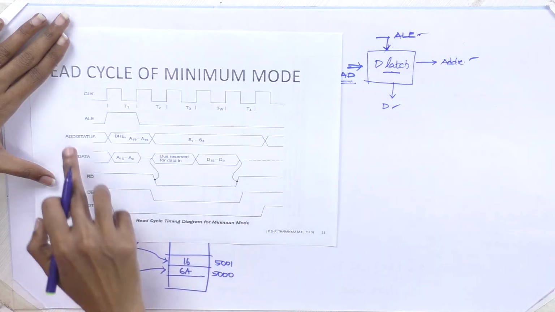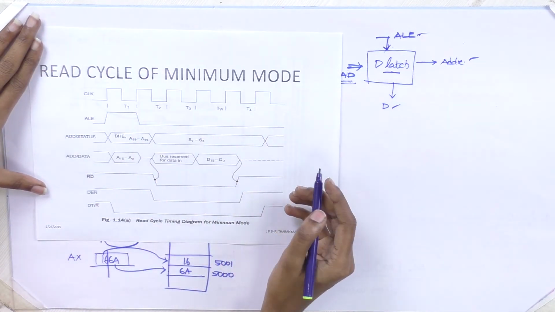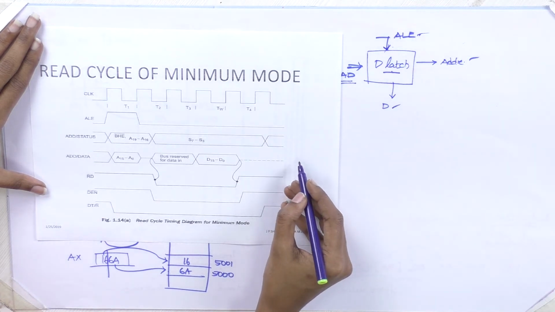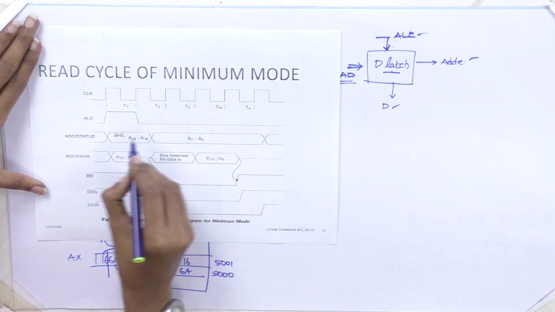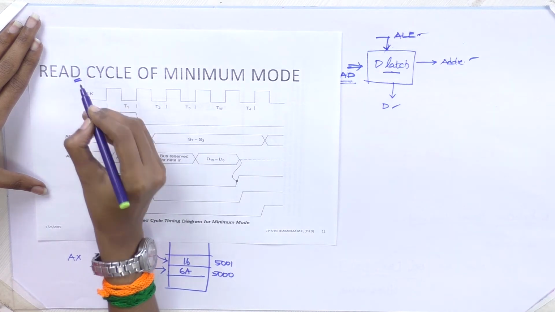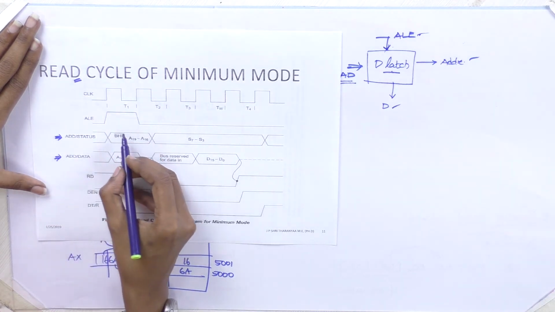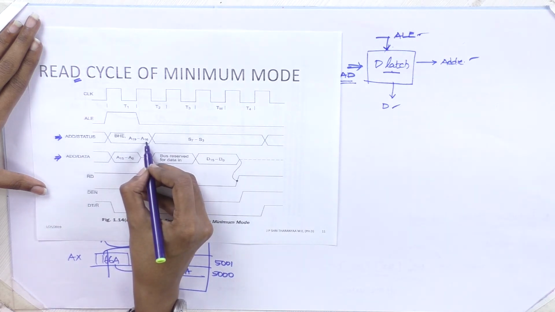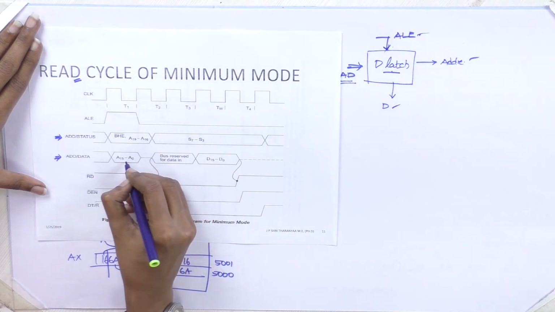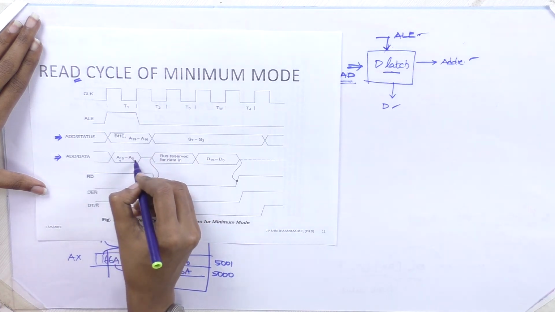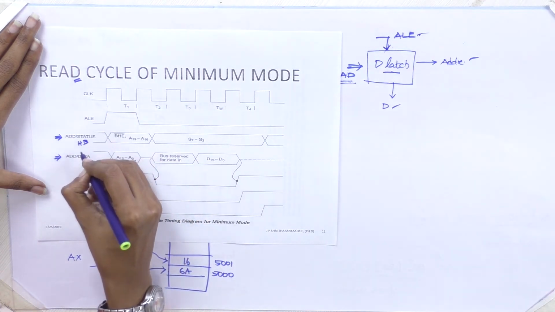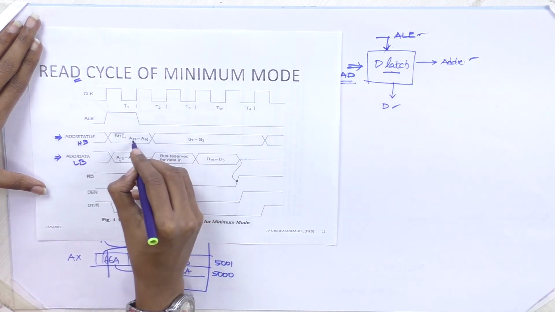Fine. So this is the read cycle of the minimum mode timing diagram. Your clock signal, if we want to perform a read operation, obviously we need the address lines, then the data line. Initially you have to give the address values. A0 to A15, this is the lower and this is the higher, 16 to 19.